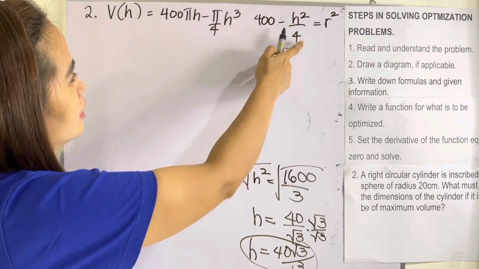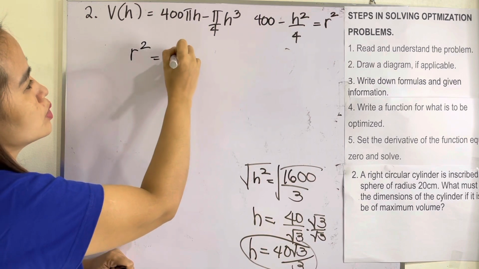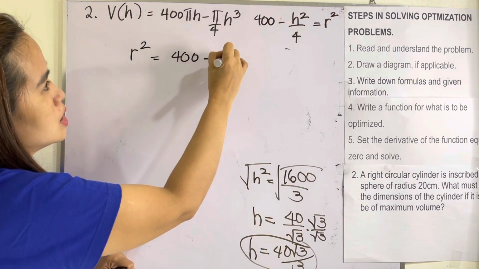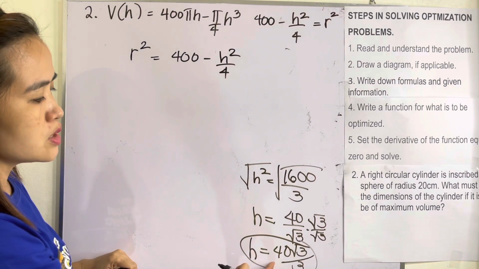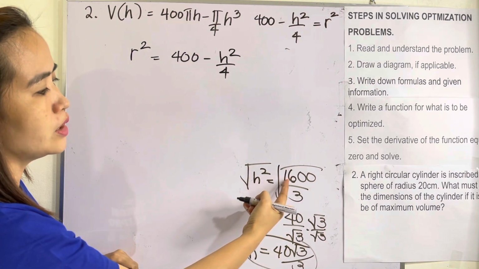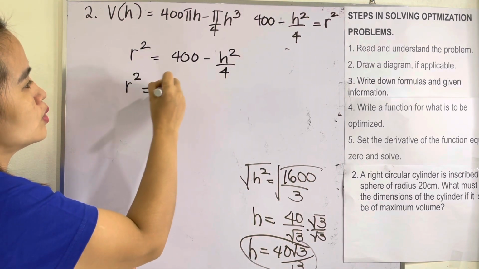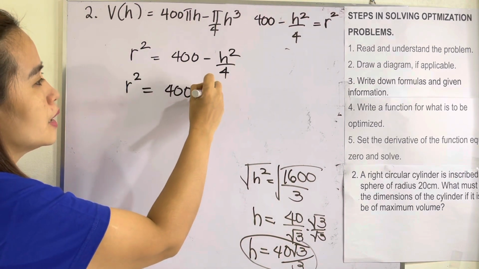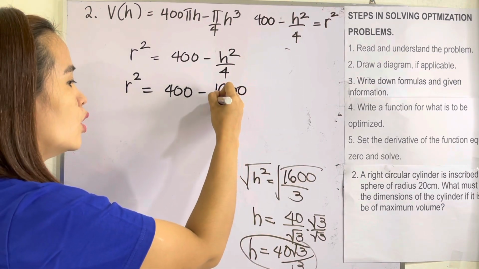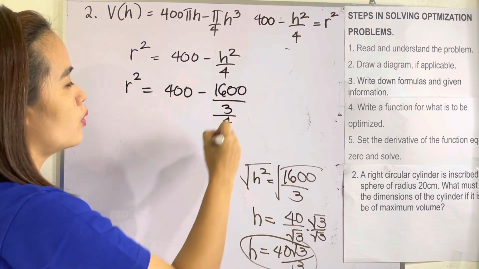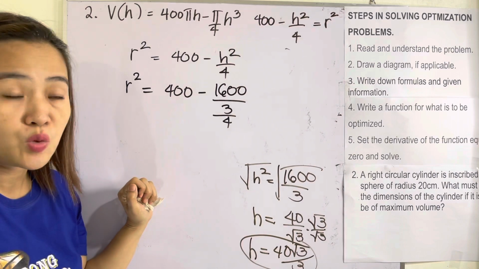Now, let us find the r. So we'll be using that one. We have r squared is equal to 400 minus h squared over 4. So I will not be using this one. Instead, I will be using 1,600 over 3. So we have r squared is equal to 400 minus 1,600 over 3 over 4. I use this one because our h here is, of course, in square.